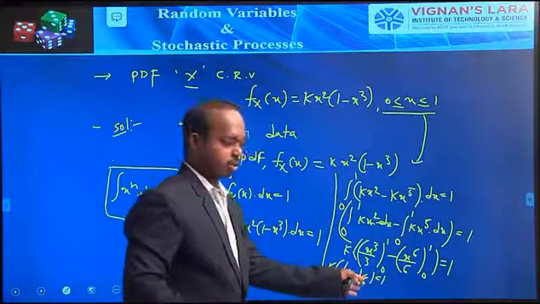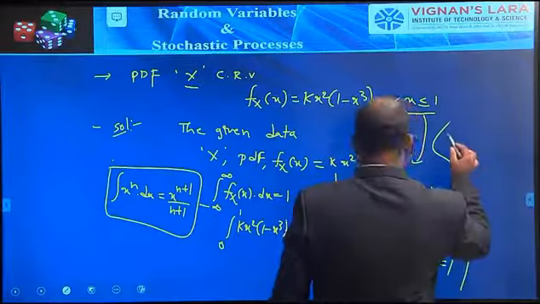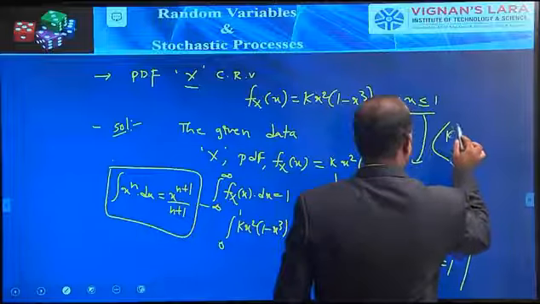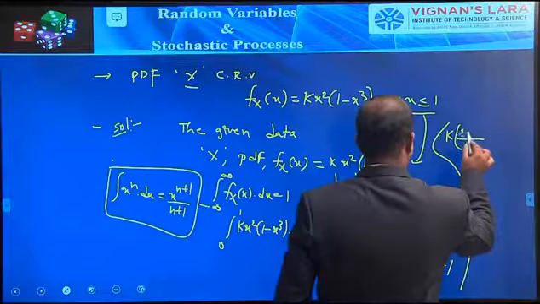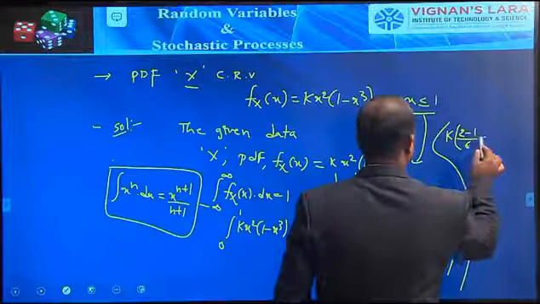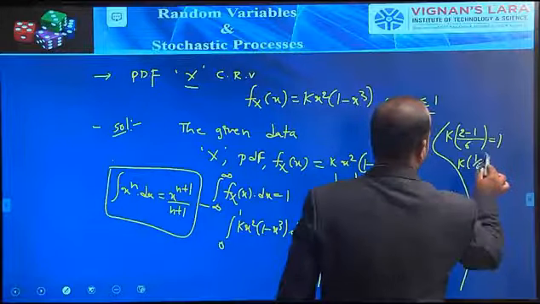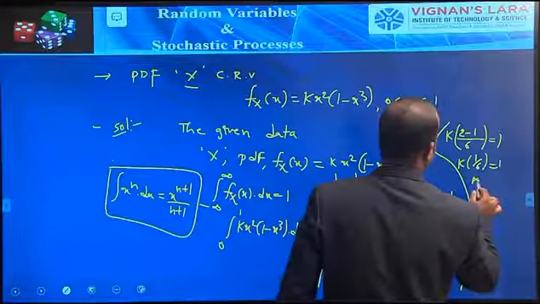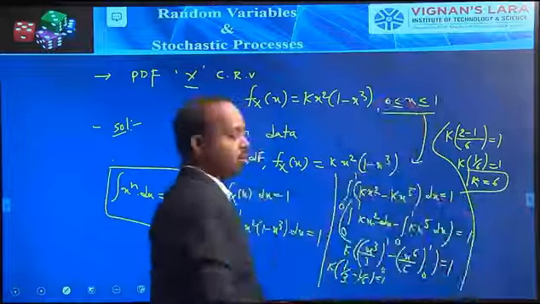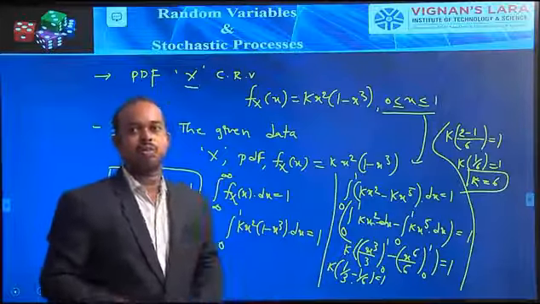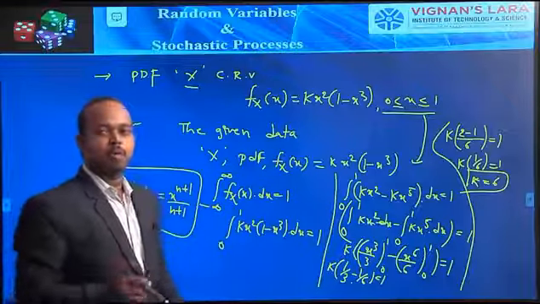Here the LCM is 6, so k times (2 minus 1) by 6 is equal to 1. k by 6 is equal to 1, so the k value is 6. For this type of model, we can make the solution by using the second property of the probability density function.